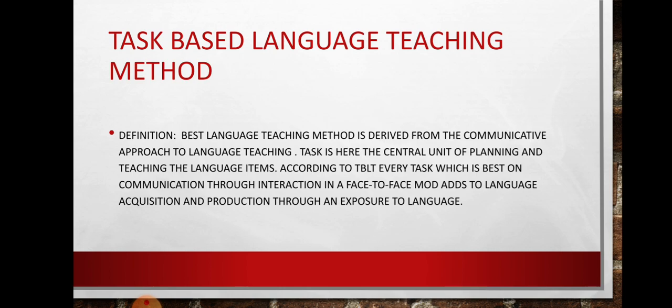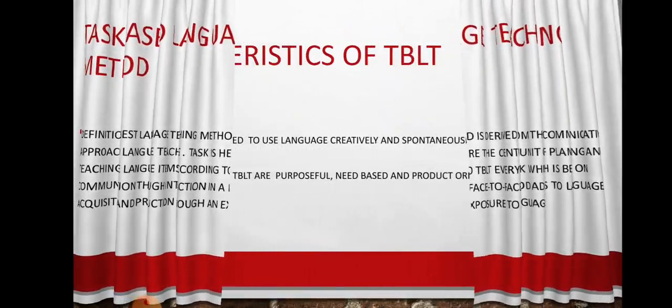So you can understand very clearly from here that the teacher has to give a task to the students through which the students can communicate with each other in face-to-face mode and through which they can acquire the English language. Now let's move to the next slide.